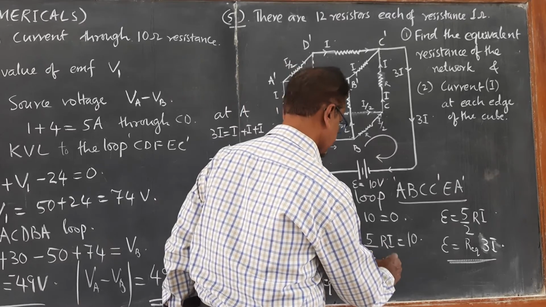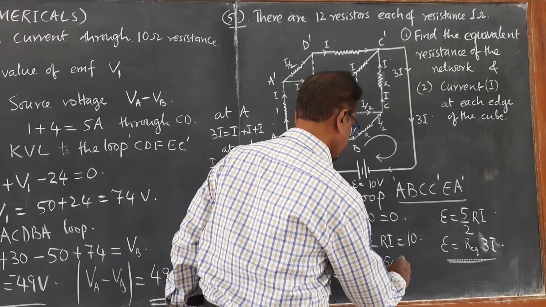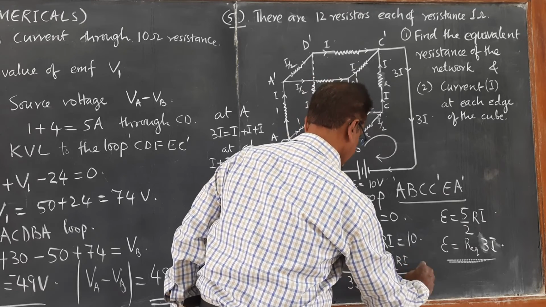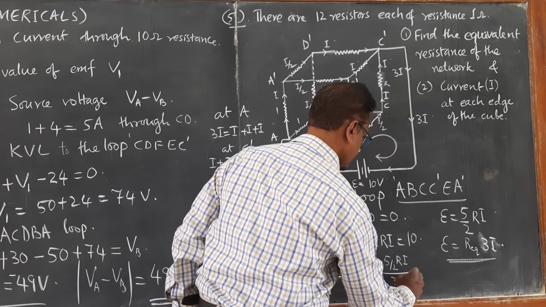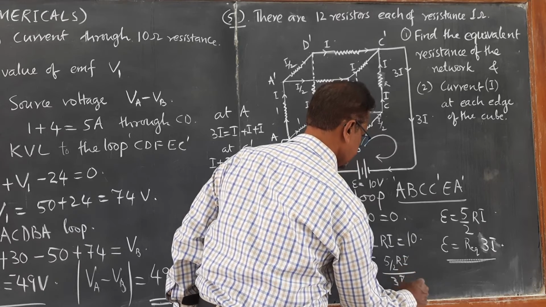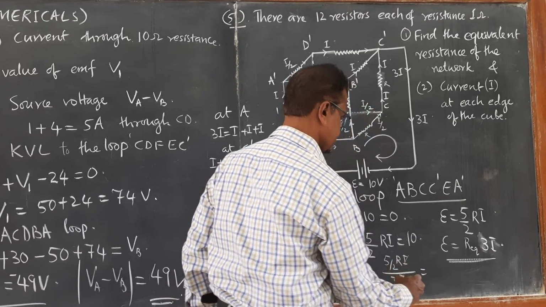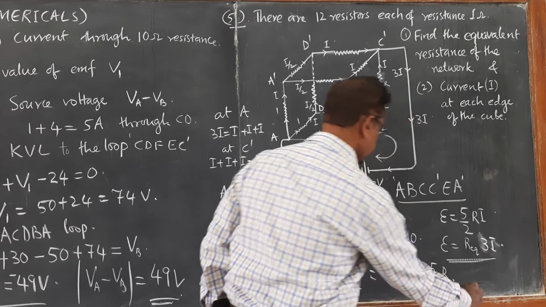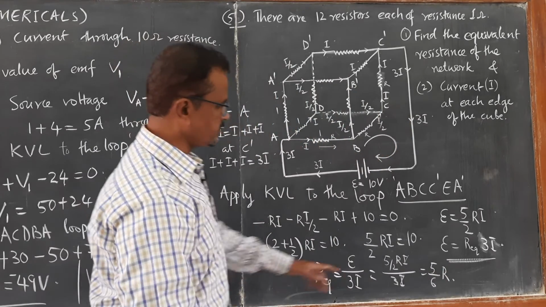EMF we have found out, 5 by 2 Ri, divided by 3I. So I cancels. So you are getting 5 by 6 R.